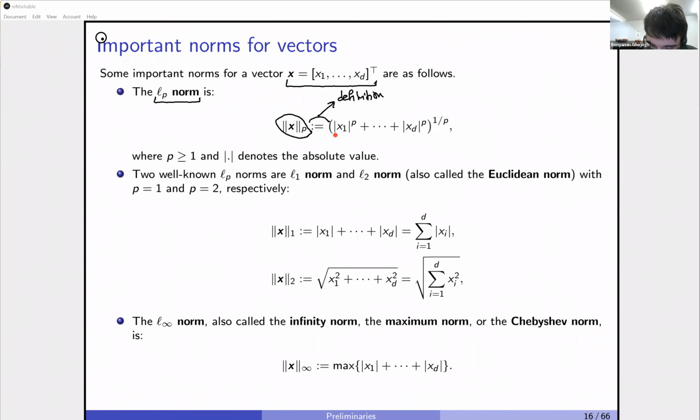It means that the absolute value of x1 to the power of p plus until the absolute value of xd to the power of p. Then you take the whole thing, which is the summation of these, and you have the power of 1 over p. So this is exactly this. This is equivalent to this.